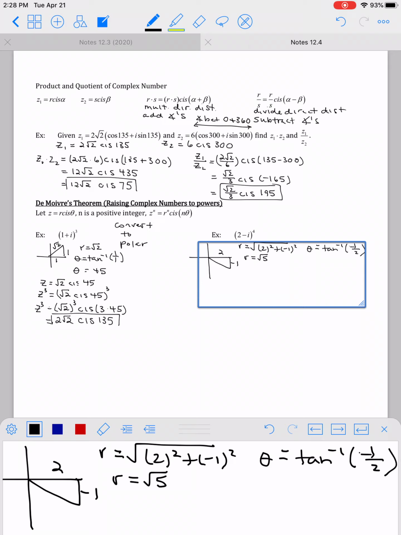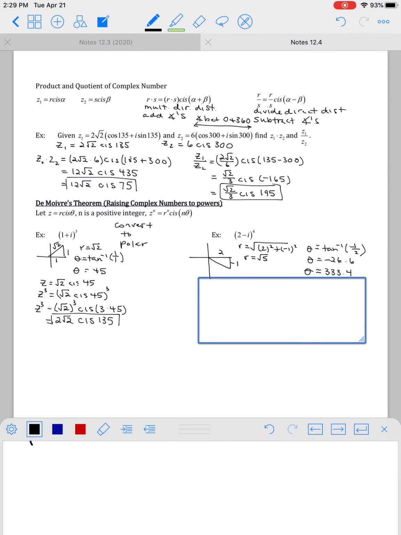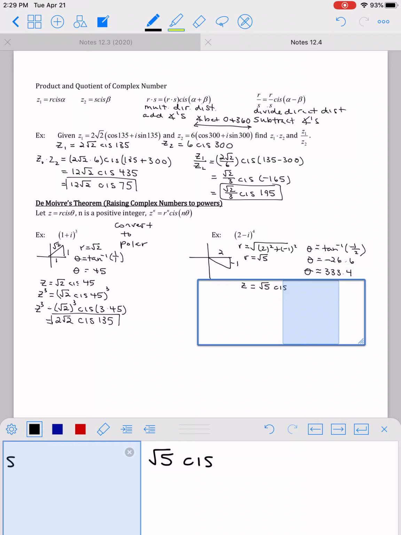That's not going to be on our trig sheet, so we're going to use our calculator. Negative 26.6. That's a fourth quadrant angle, but it's not between 0 and 360, so we're going to add 360 and take 333.4 as our angle. So next move, z equals square root of 5 cis 333.4.